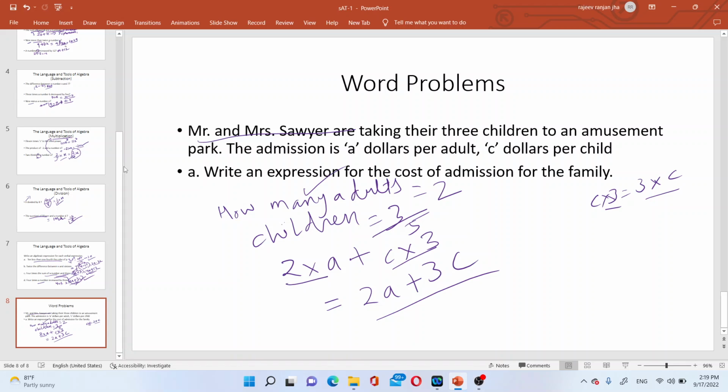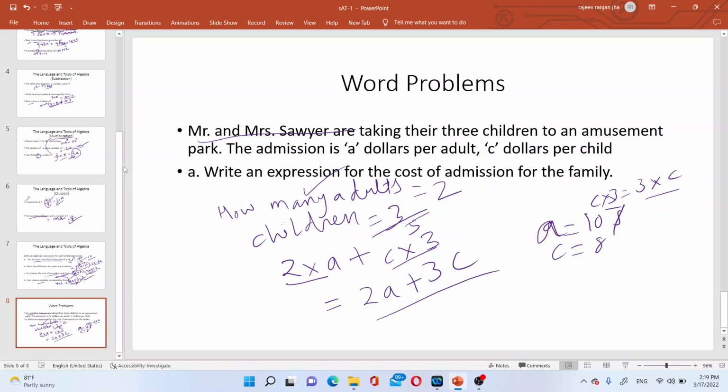Okay, so now which type of questions? There will be a B part in this question. They will say the value of A, the admission fee for an adult, is say $10. Okay, fine. And for the children it is say 8. So you find out the cost of admission for the family.